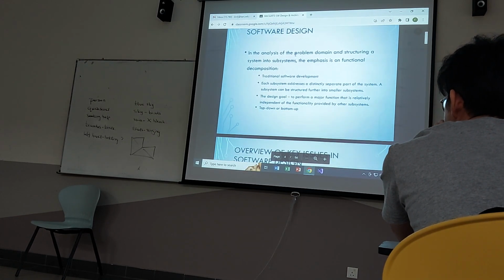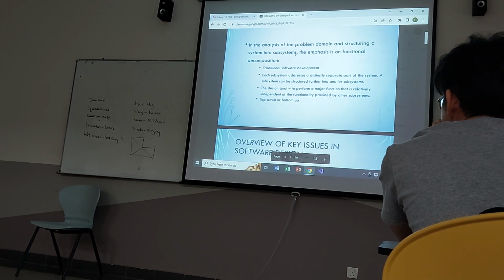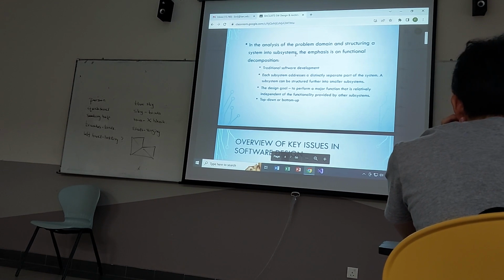Normally, when we try to create a system, we try to emphasize functional decomposition. However, functional decomposition is normally referred to traditional software development. If we use object-oriented, it's not functional decomposition already.